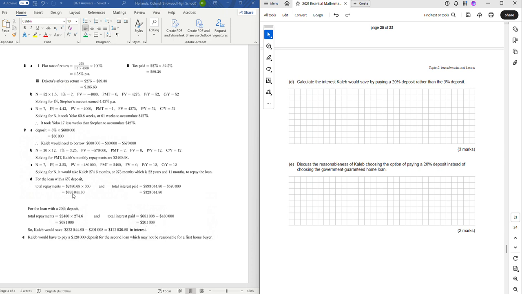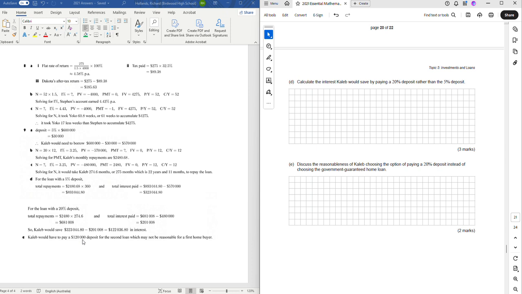For the 5% deposit, we multiply the repayments by the number of repayments, then minus the principal, which gives $320,000. To find how much he saved, we take the 5% deposit interest minus this one. So he would have saved $122,000 in interest.